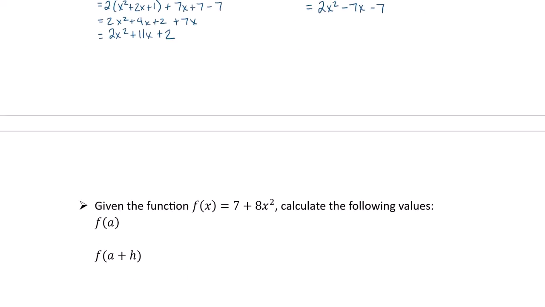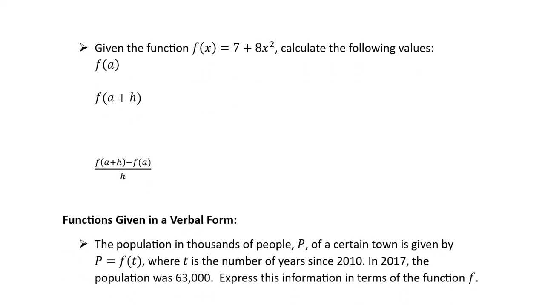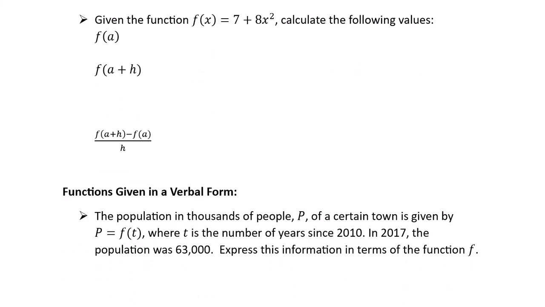Now, given a function 7 plus 8x squared, let's calculate the following values. F of a. Again, we can write the function with parentheses in place of our input and then put the input of a inside.